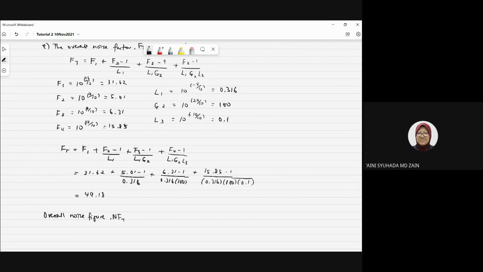Okay, so you already have the overall noise factor FT here in absolute value. So the overall noise figure of the system should be in dB. So what you can do is just 10 log your FT just now.